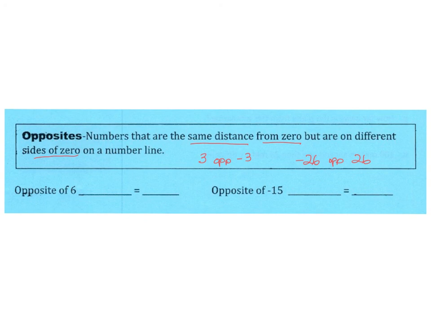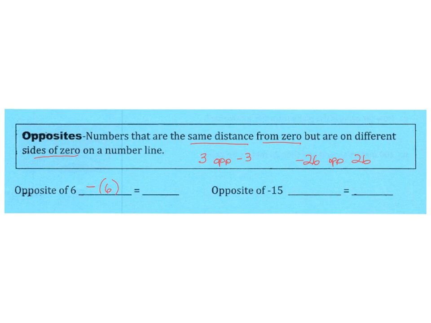The new part is how we're going to show that we're talking about an opposite on our math papers. So I'm going to show you down here, we are going to use a negative sign to let each other know that we're talking about the opposite of an integer, the opposite of a number. This right here is asking us for the opposite of 6, which you already know is -6. But to show that that's what we're looking for, we're going to use a negative sign on the outside of parentheses.